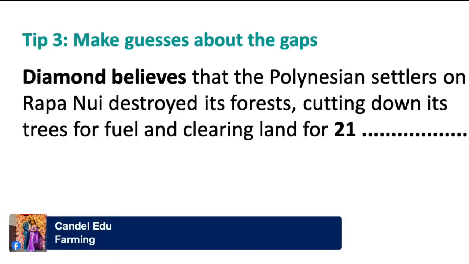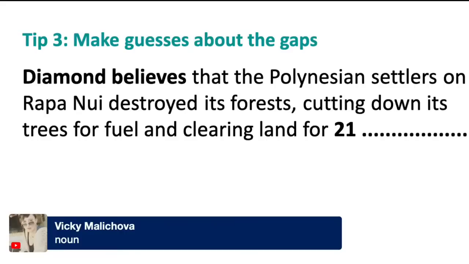Candell says farming. Farming, cutting down trees. Why do you usually cut down trees? Well, for fuel is one reason. Why do you clear land? Candell says farming. It's a key IELTS topic. They love the topic of farming. Also, you've got for. It's a preposition, and think about the grammar.